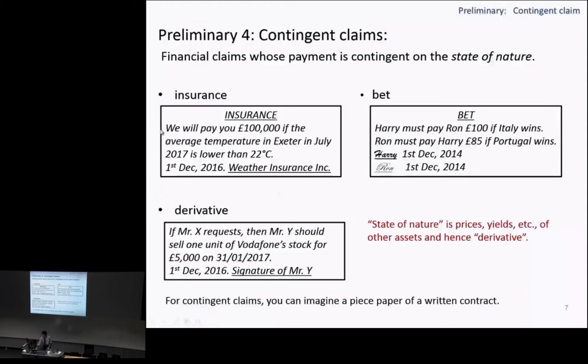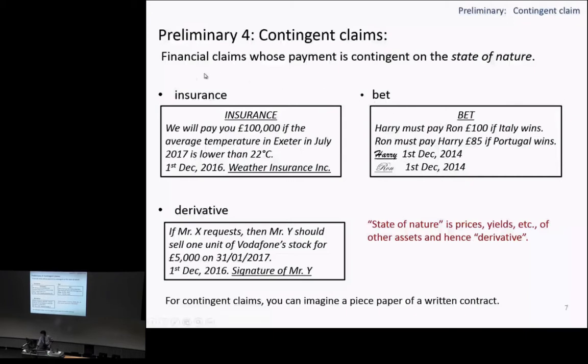The payoff of this insurance depends on the future state of nature. In this example, the future state of nature on which the payment depends is temperature in July 2017. So this is an example of a contingent claim, in the sense that the payoff is uncertain. It will depend on the future state.